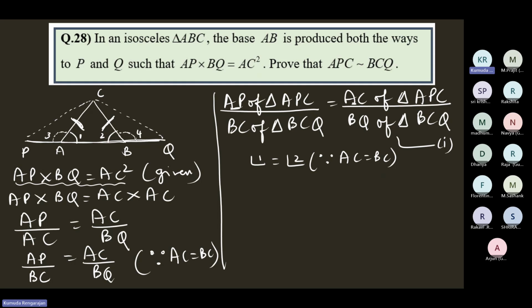Isosceles triangle property. Angle 1 is equal to angle 2 because ABC is an isosceles triangle with AC equal to BC. So in an isosceles triangle, when two sides are equal, the angles opposite to them are also equal.